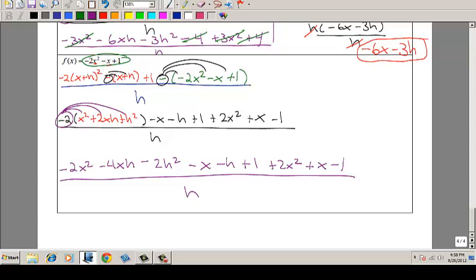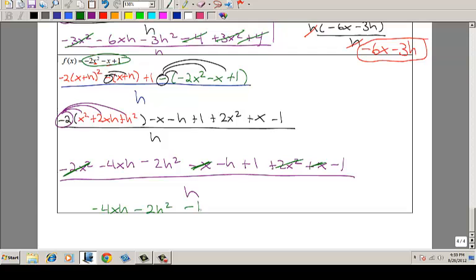Let's see if anything cancels. Remember, everything that does not have an h in it should cancel. So I have negative 2x squared, and that's going to cancel with a positive 2x squared. Negative 4xh doesn't cancel with anything. Negative 2h squared does not cancel with anything. Negative x will cancel with my positive x.